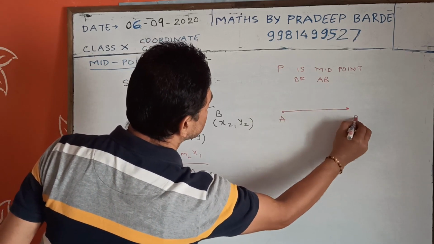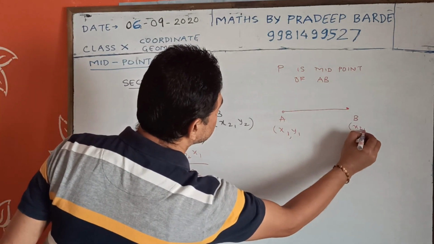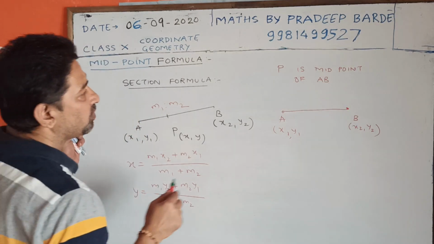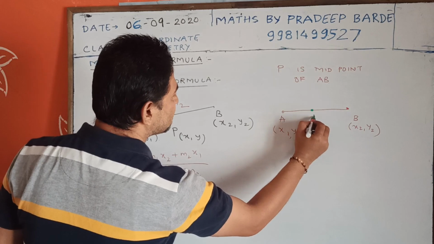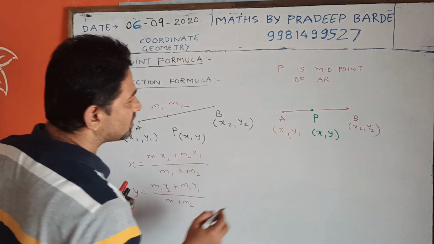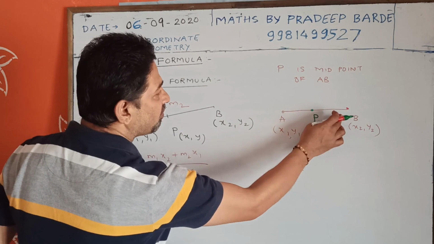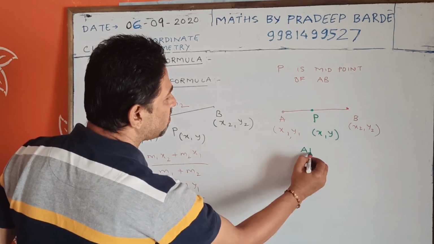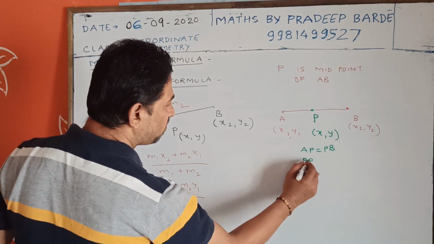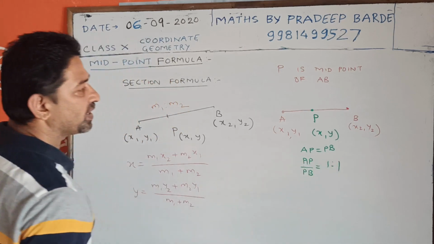This is A, this is B, here it is x1, y1 coordinates of A, x2, y2 are the coordinates of the point B, and P is the midpoint of AB whose coordinates are taken as x, y. Now when we say P is midpoint of AB, that means AP will be equal to PB, and also AP upon PB, the ratio will be 1:1.